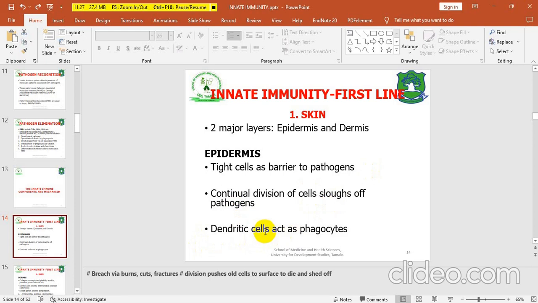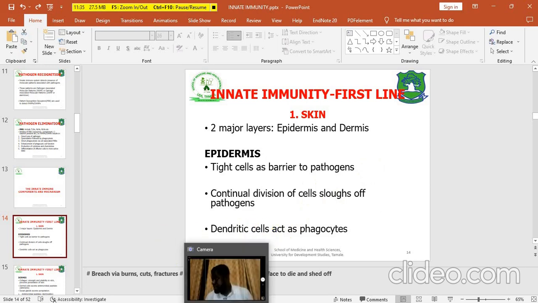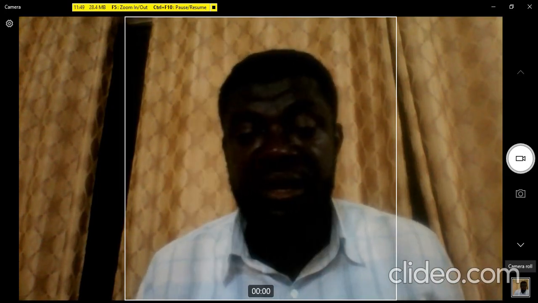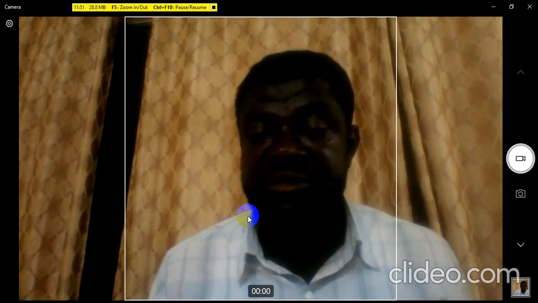Dendritic cells are antigen presenting cells found in tissues, and they are also a type of phagocyte.